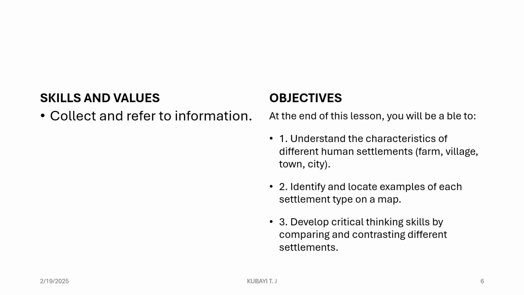You will be provided with a map where you will determine whether the map shows a farm, village, town, or a city. You will be able to develop critical thinking skills by comparing and contrasting different settlements.